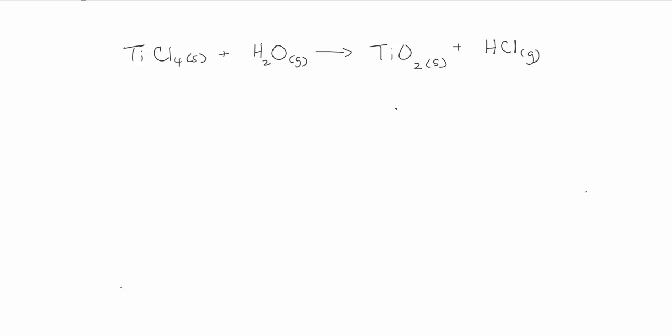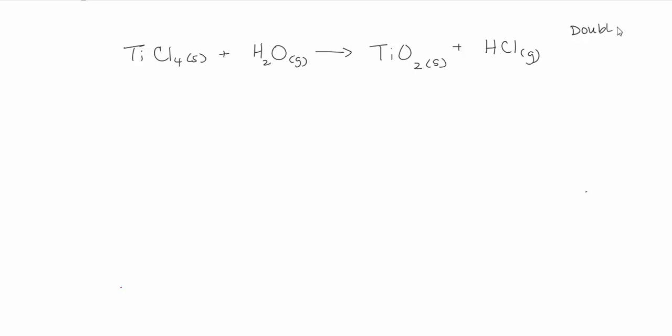If we have titanium chloride, and it's a solid, and it reacts with gaseous water to form titanium oxide, again a solid, and hydrochloric acid, a gas, then what we're showing here is called a double displacement.